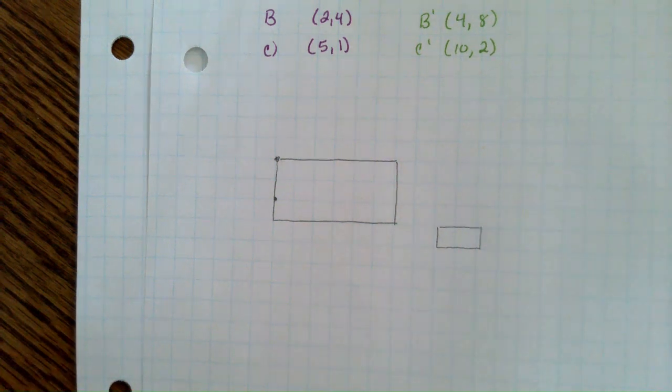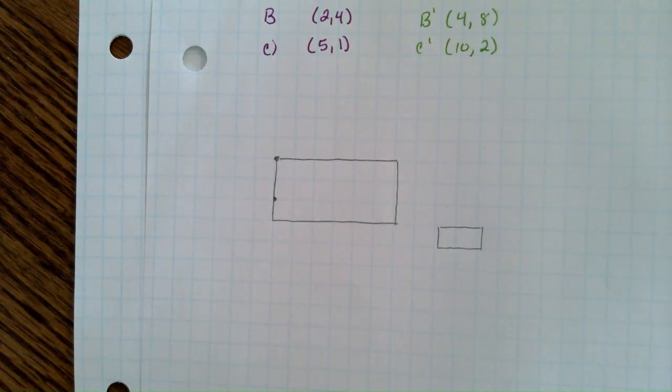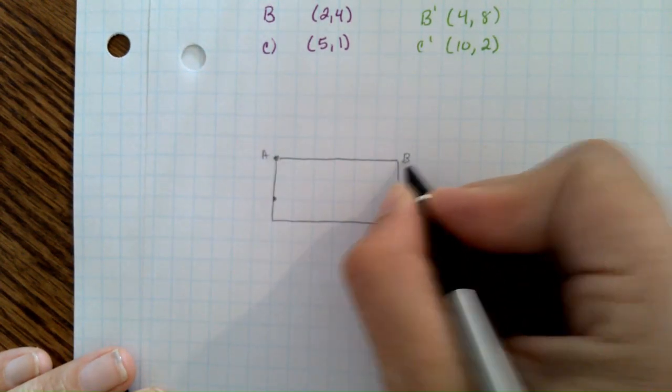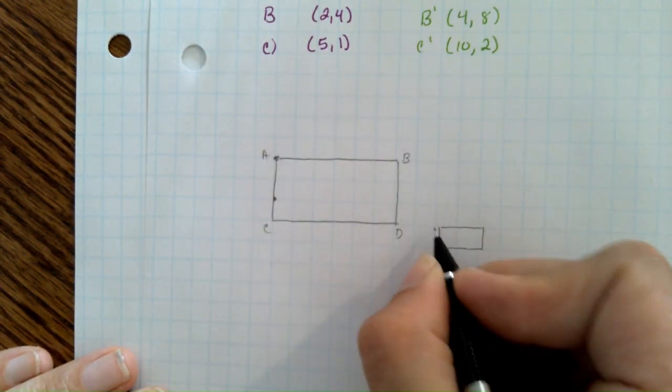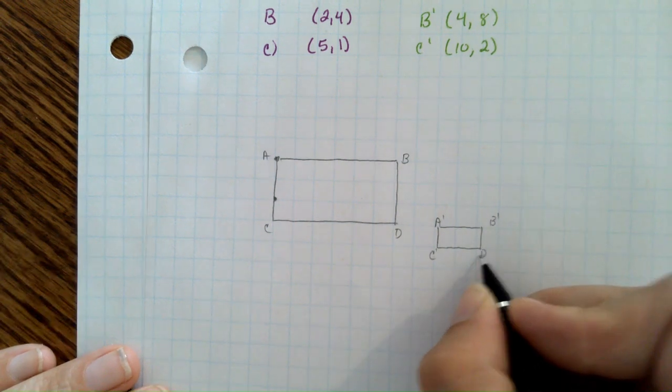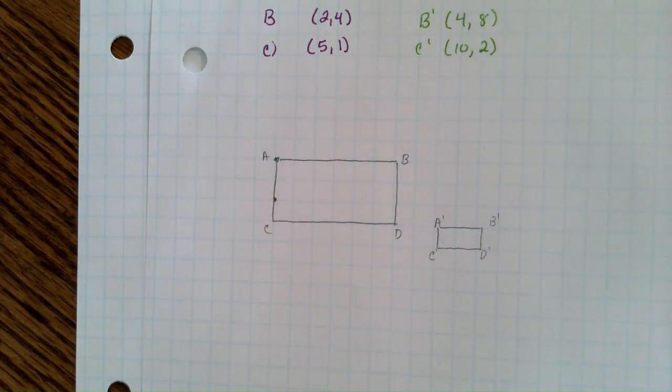You might notice that I did a scale factor of 3, or a third, because I went from A, B, C, D to A', B', C', D'. Where's the point or the center of dilation, though? Where is the center of dilation? We know the scale factor is 1/3 because I drew it on grid paper.